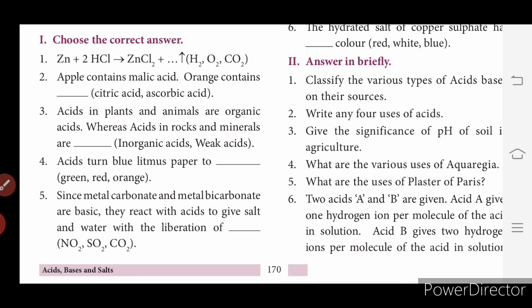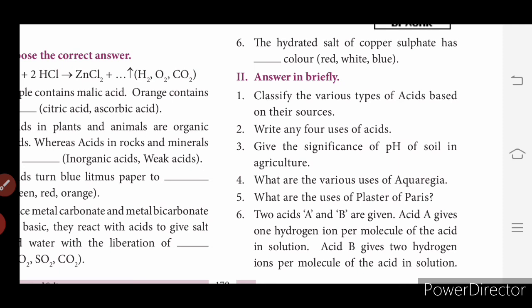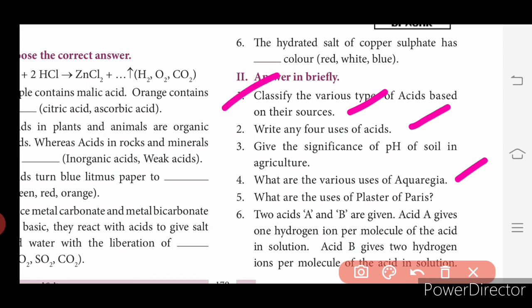The first question, classify the various types of acids based on their sources, and also write any 4 uses of acids. Then, what are the various uses of aqua regia? I want you all to go through the answers for these 3 questions immediately after the end of this session.